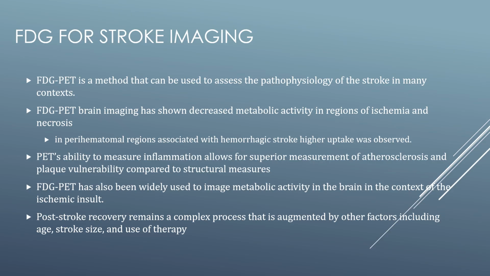And if there's any areas of ischemia or necrosis or death, that will show up. But PET's ability to measure inflammation allows for really good measurement of arteriosclerosis, plaque vulnerability, things like that within the blood vessels of the brain. And it's also widely been used to look at ischemic insults, which is like the effects of ischemia.